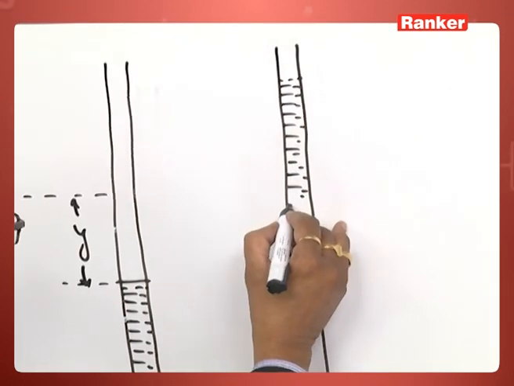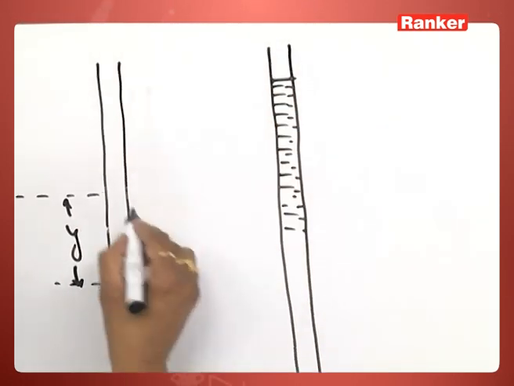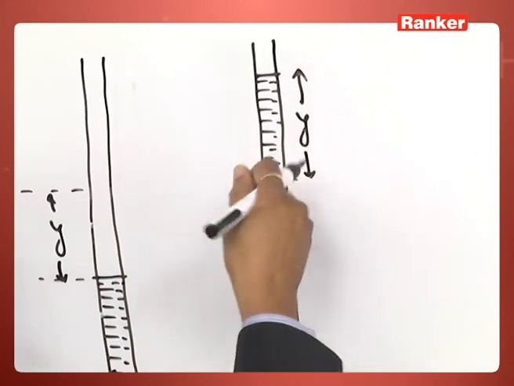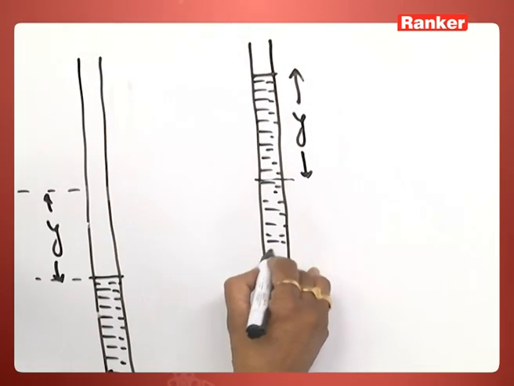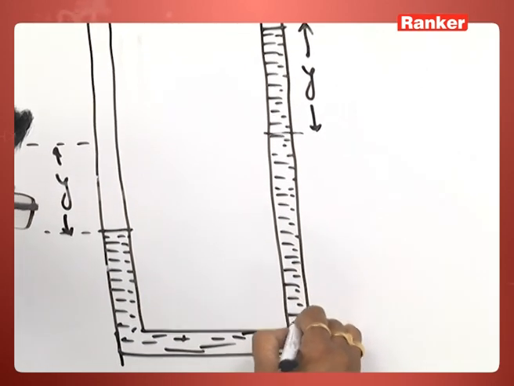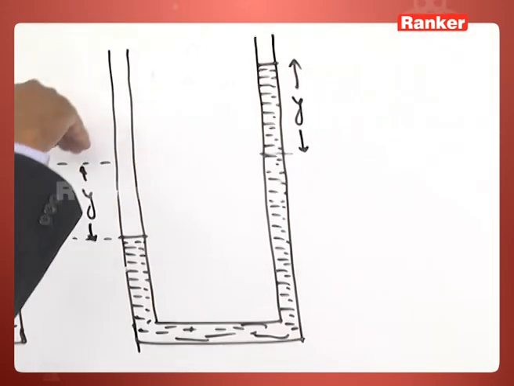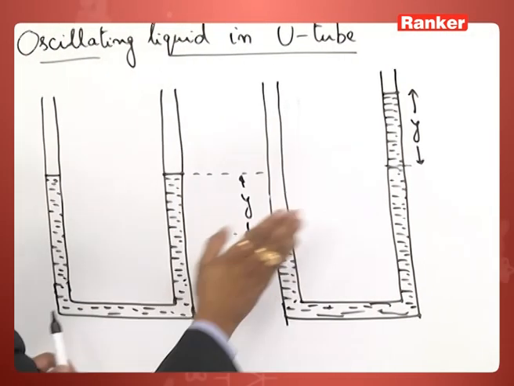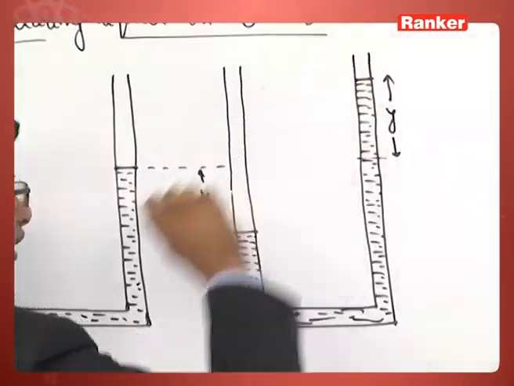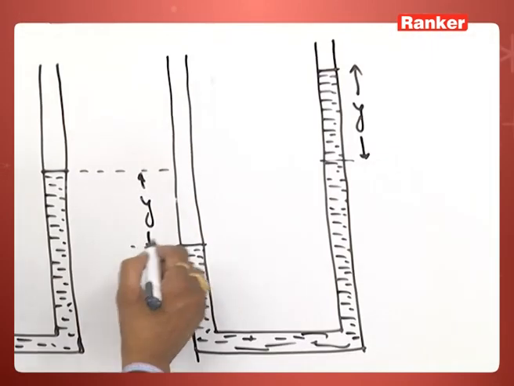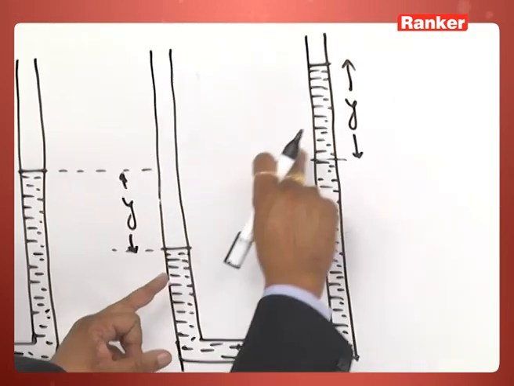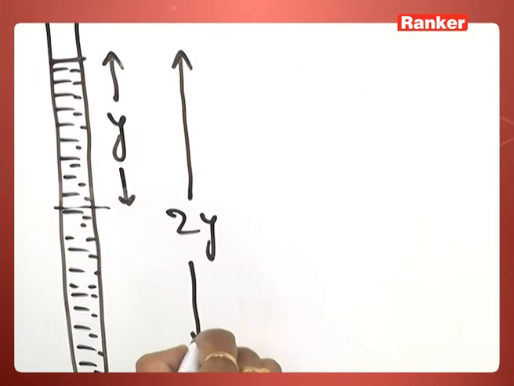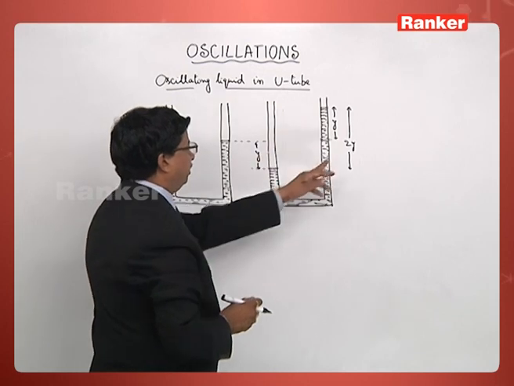This was the original level, and it has now come up by that same distance Y. So this is coming down by Y and that is going up by Y, which means the total height difference will now be 2Y.